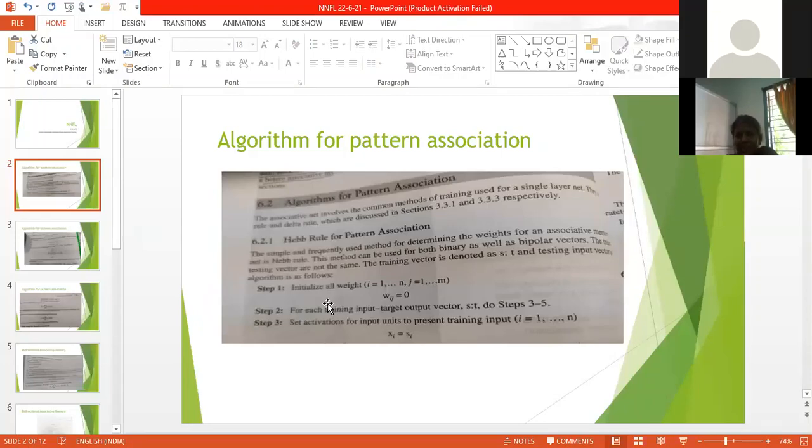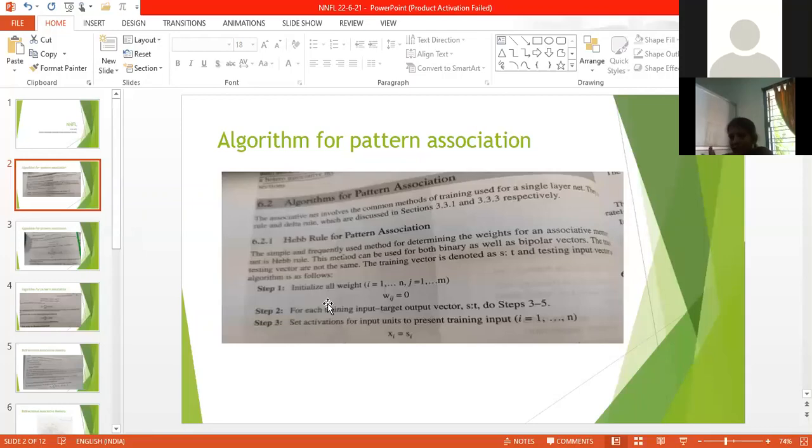But usually we go for pattern association, some sort of patterns like your alphabets A, B, C, D, E. In pattern association, you need to frame association between related patterns. The patterns may be of the same type or of different types.